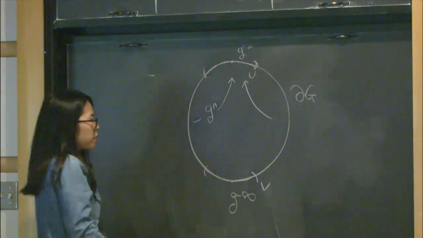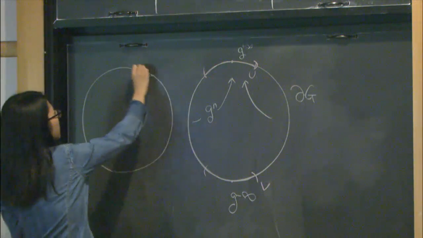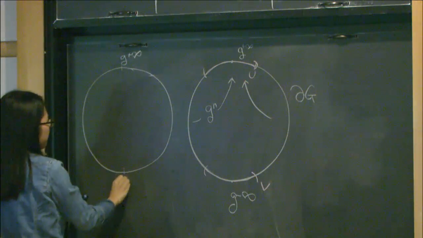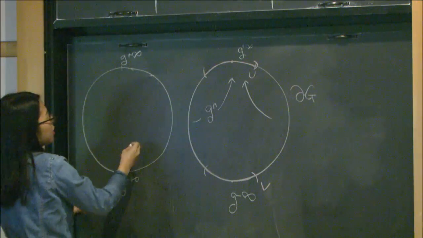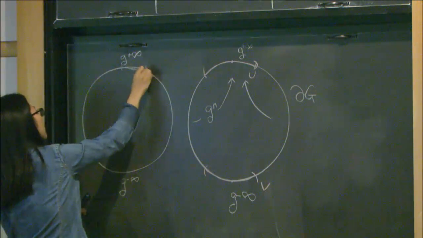And we can do the same thing for the inverse as well. So I have the same picture, with U and V the open sets.